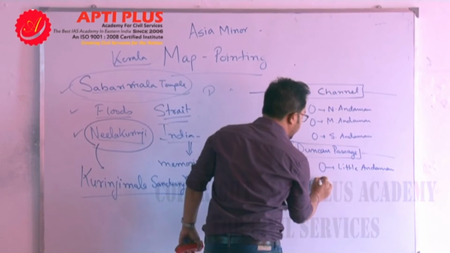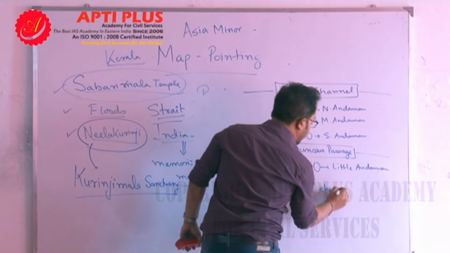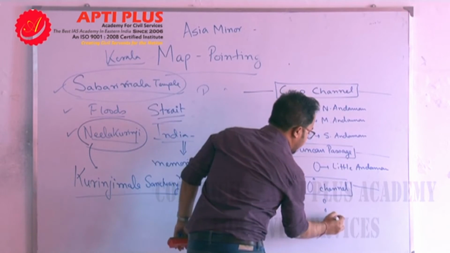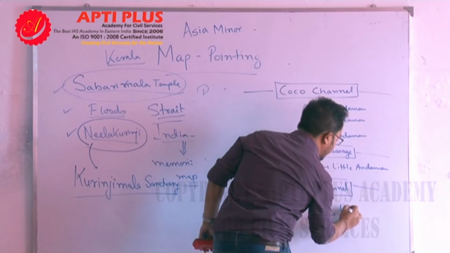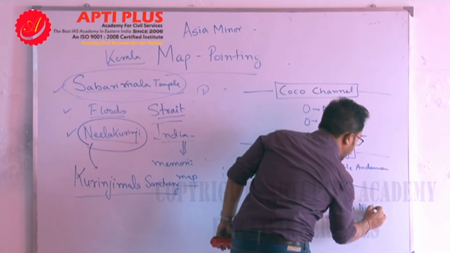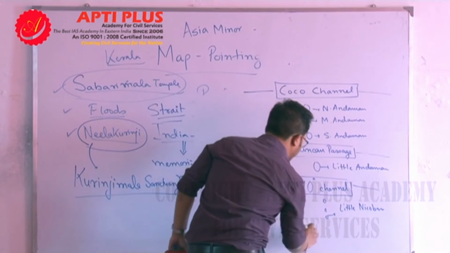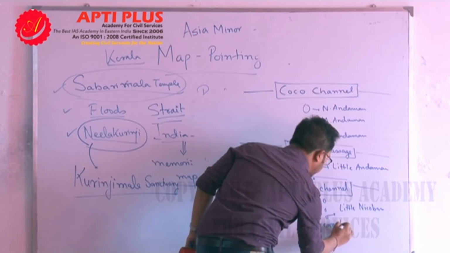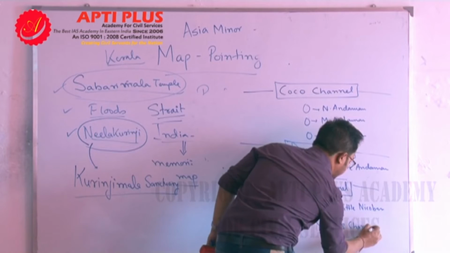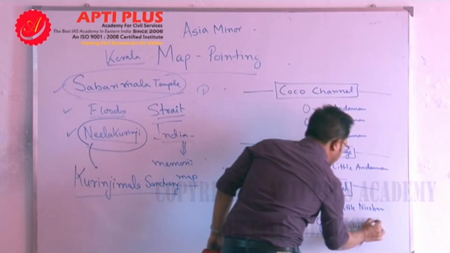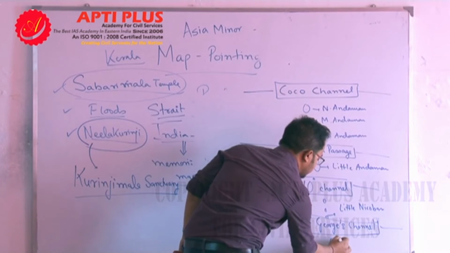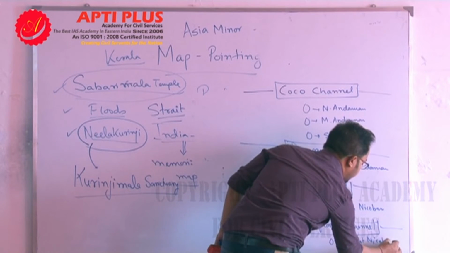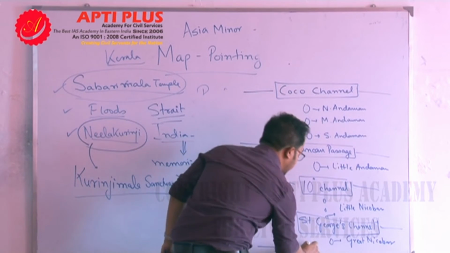After that you have the Ten Degree Channel. We have the Great Nicobar lying at the very bottom. Below that we have the Great Channel.